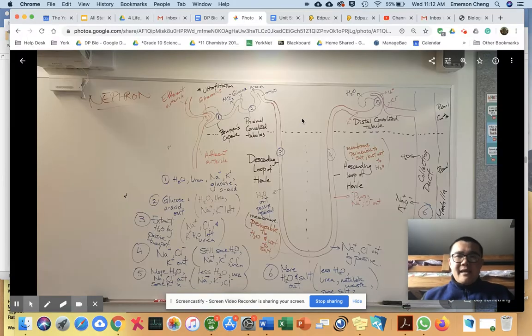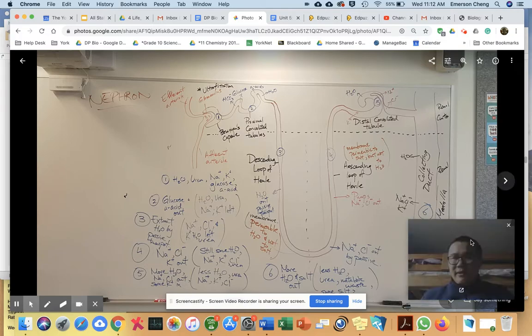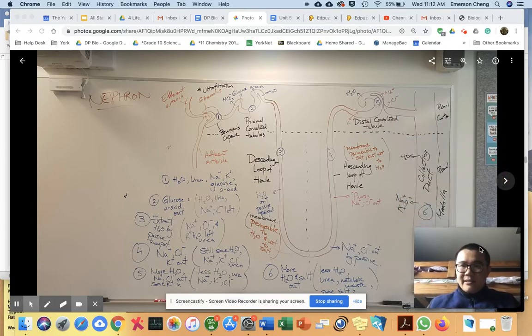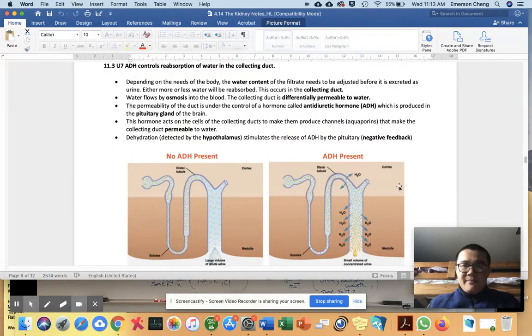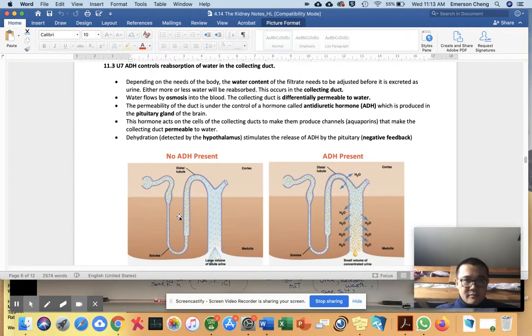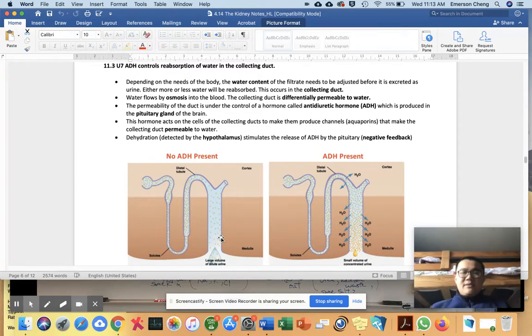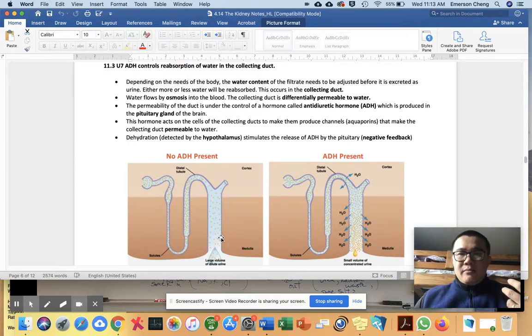Now, in the video, we learned that we have a distal convoluted tubule. More salt is exiting, more water is also taken out from the filtrate, and then we go to the collecting duct. We didn't really talk much about the collecting duct when we drew this diagram, but that's the part where water content is adjusted.